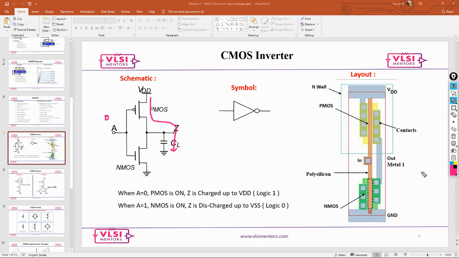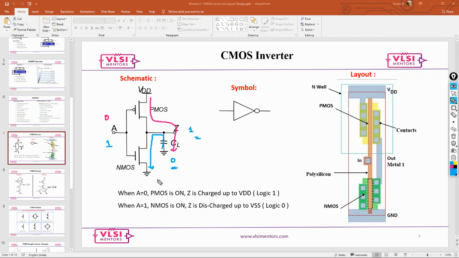Now if you give 1 here, what is going to happen? The value that is there would be discharging. So when you give 0, your output is basically 1, and when you give 1, output is basically 0. This is exactly what we call an inverter.